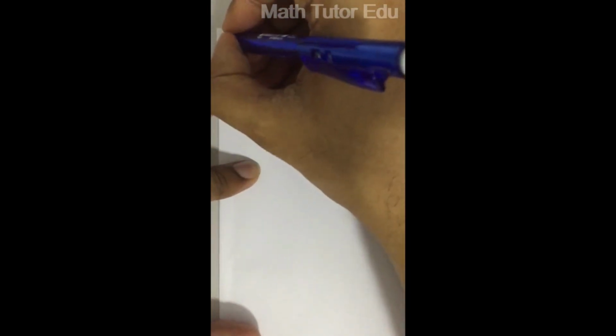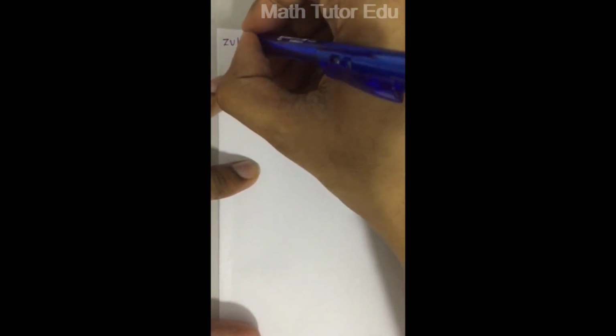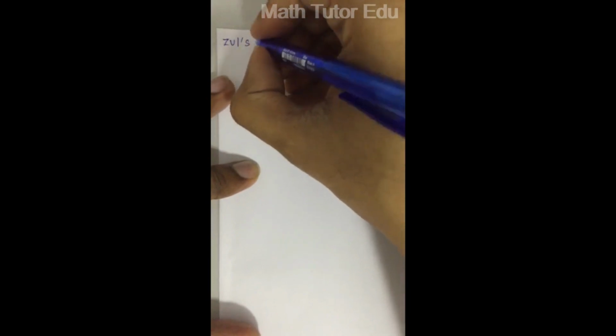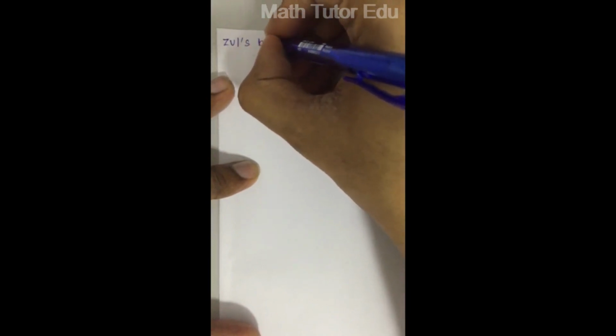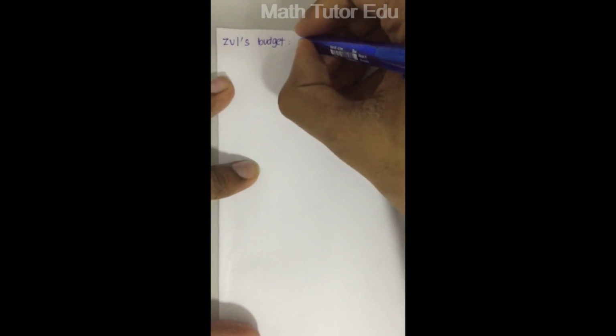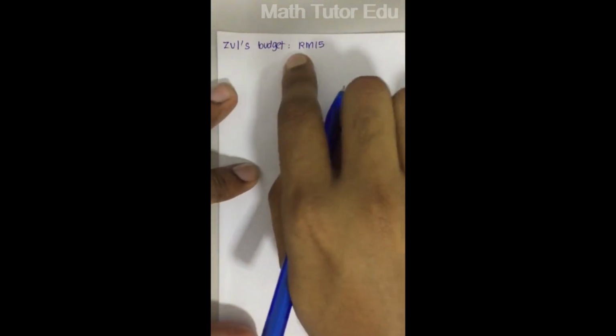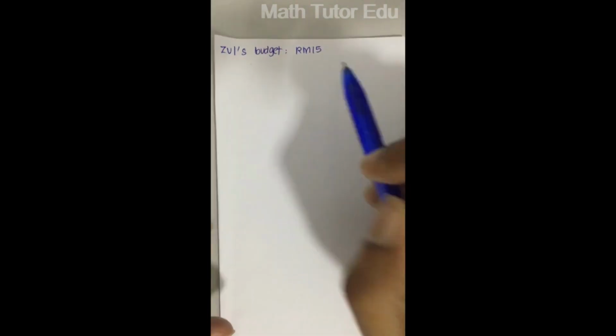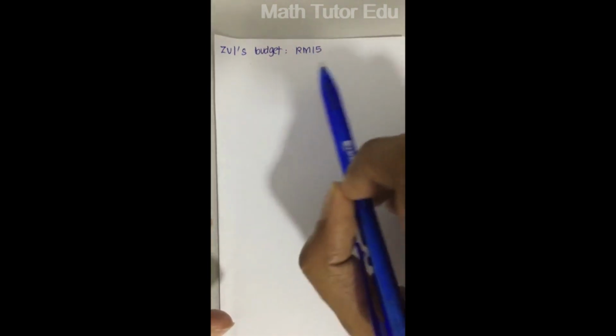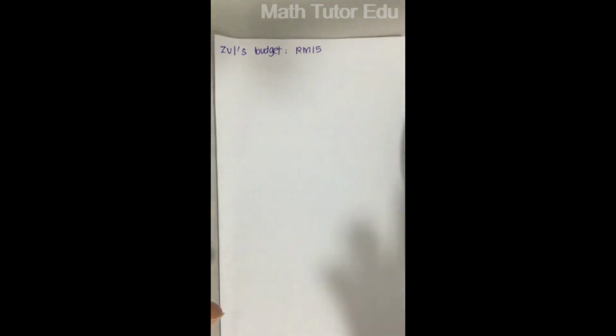So in this case, Zol's budget is 15 ringgit. Let me make this clear, guys. Zol's budget is equal to 15 ringgit. In this case we can straight away minus the 9 ringgit rate, since it is very straightforward.